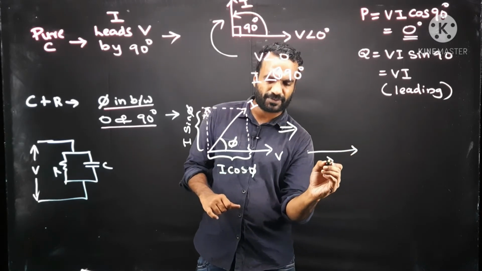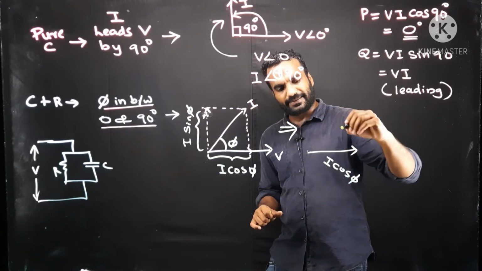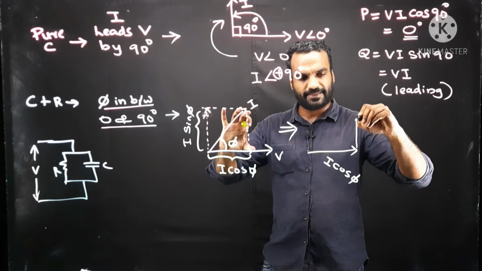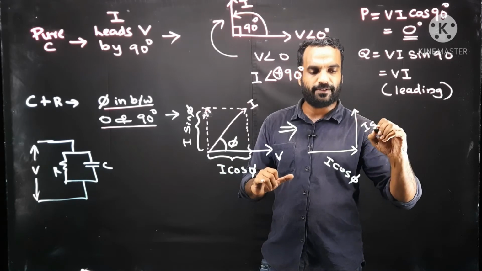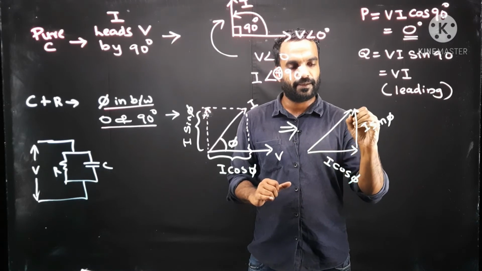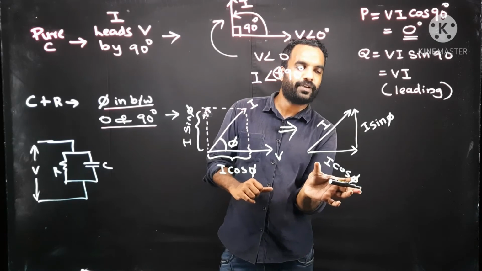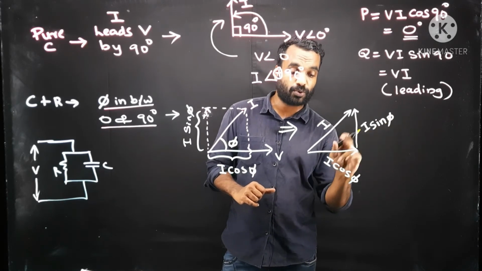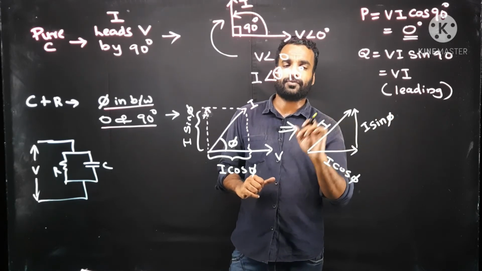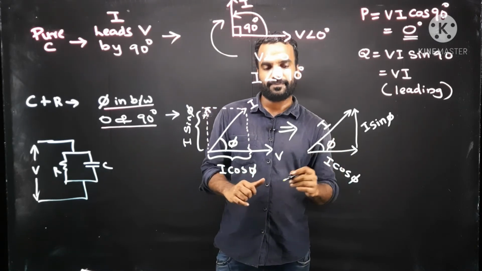Small differences may happen because I am not using scales. If you use a scale, you will get the exact thing. This I sin phi is transferred to this side, just a parallel transformation. So I cos phi, I sin phi. The vector resultant will be I. The square root of I cos phi square plus I sin phi square will give the magnitude of this I. This will again be phi.